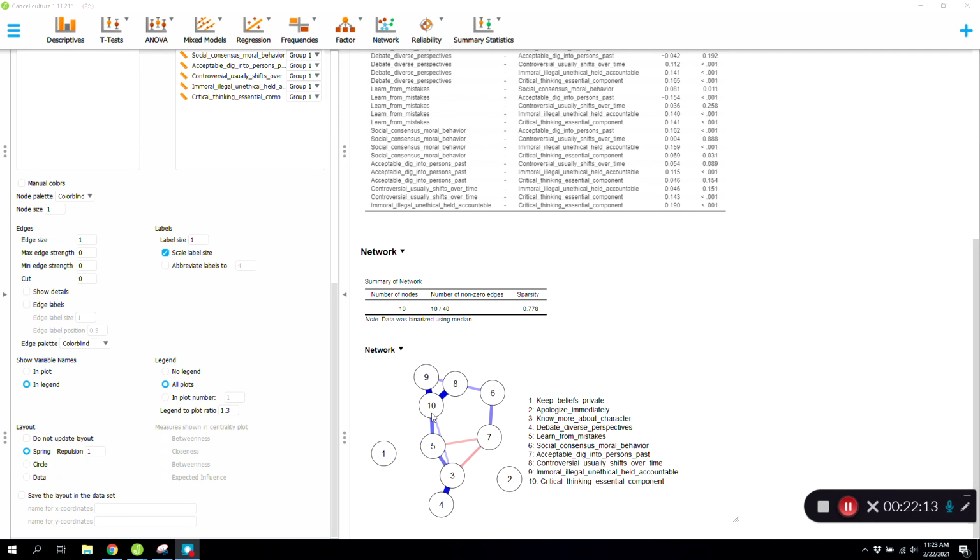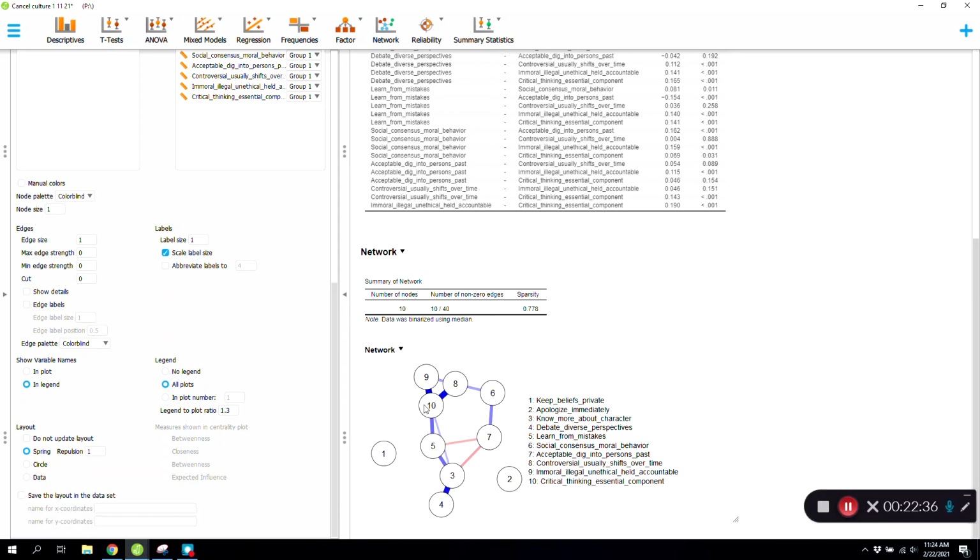Hub node 10 says critical thinking is essential and important. That anchors controversial thinking usually shifts over time, and immoral, illegal, unethical should be held accountable. So these three are really strong together, but anchored by the hub node, critical thinking essential.